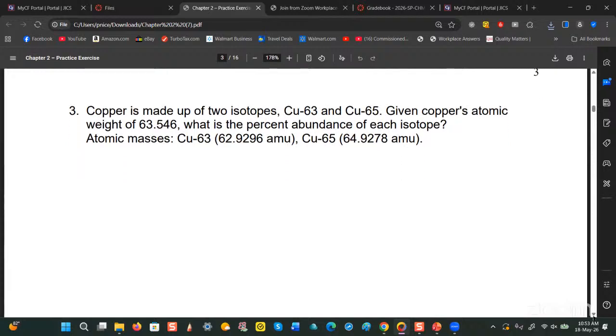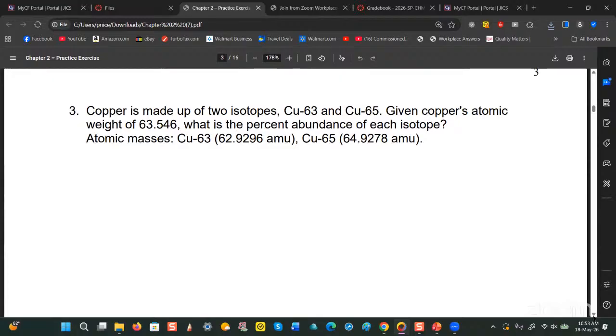So this question says that copper is made up of two isotopes, right? And it says, given copper's atomic weight of 63.546, what is the percent abundance of each isotope? And it gives you the atomic masses of copper 63 and copper 65.